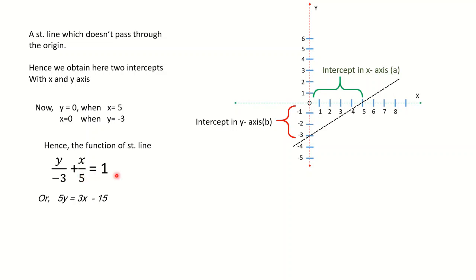That is the equation of this line, and further simplifying we can obtain this kind of form. So I'm going to write the general equation, that will be y divided by b plus x divided by a equals to 1, where a is the intercept for x-axis and b is the intercept for y-axis.